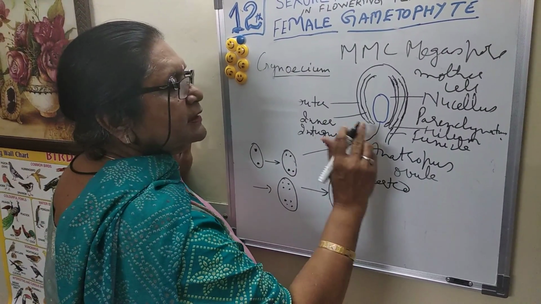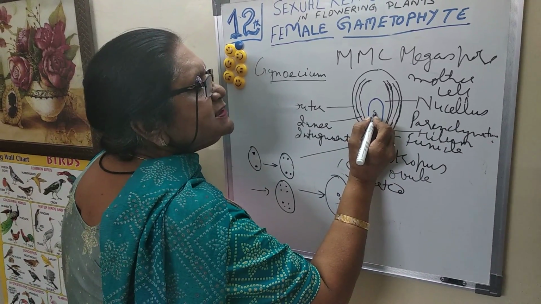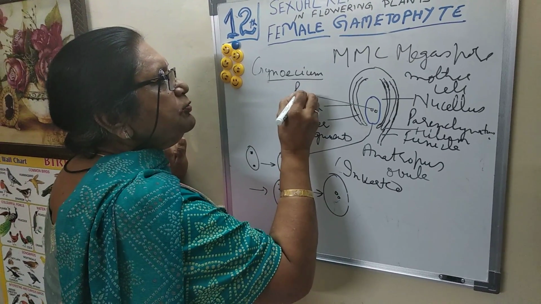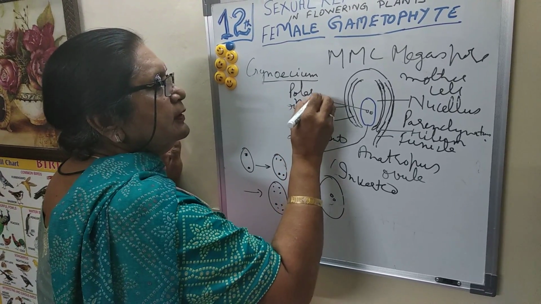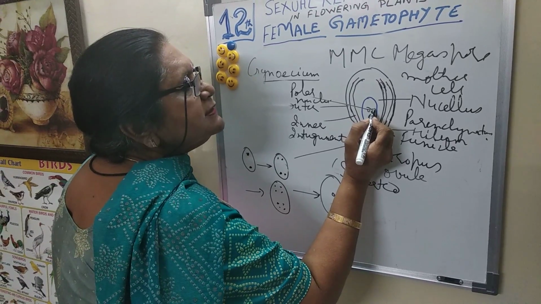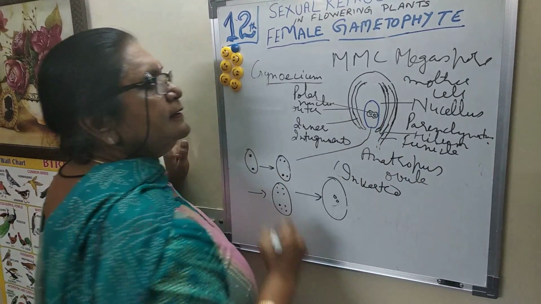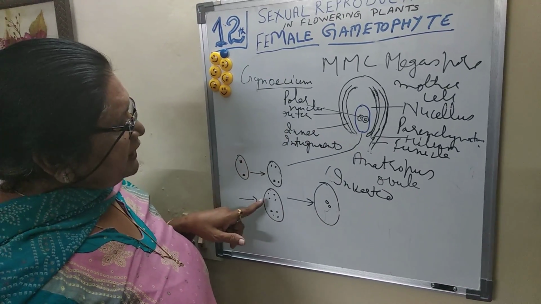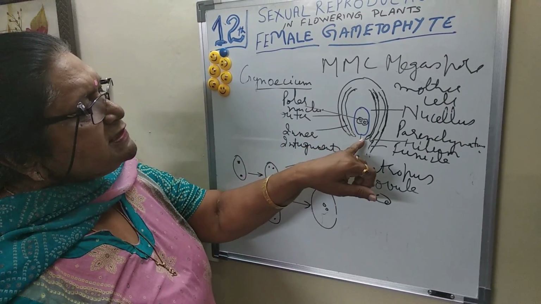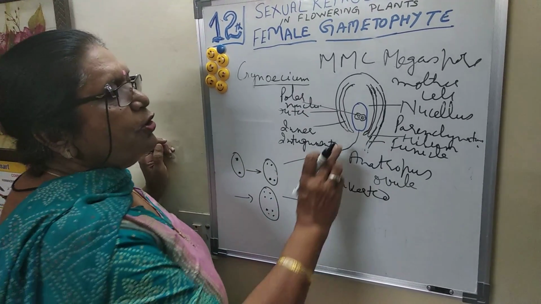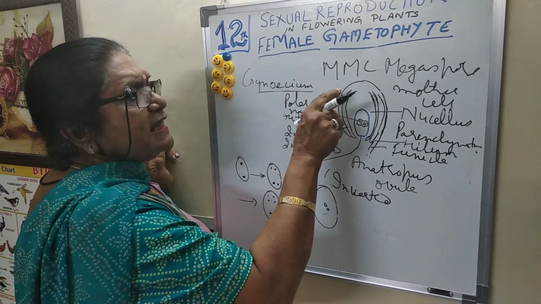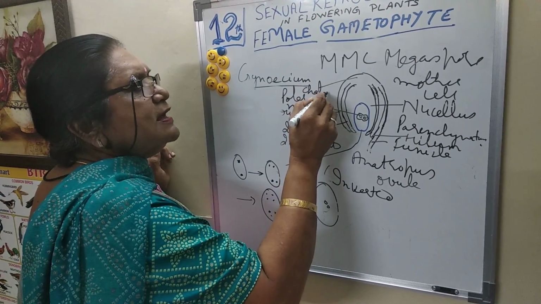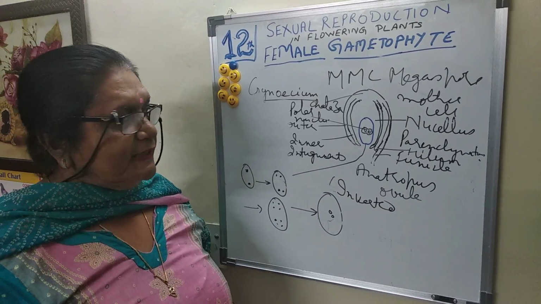The two in the center are called polar nuclei, and they form a central cell. The rest are three above and three below. This end of the ovule is called the micropyle. The opposite end is called the chalaza end.